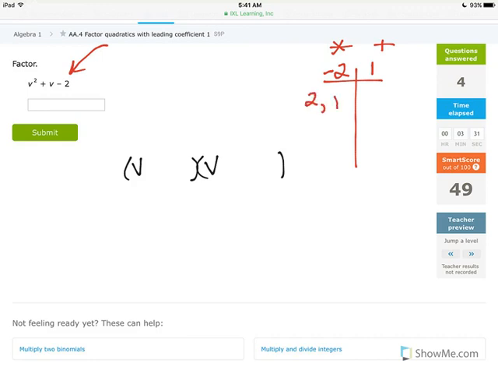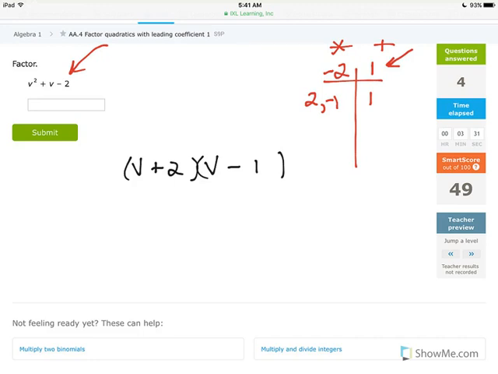And where does the negative sign need to go? We need either a negative 2 or a negative 1 to get negative 2 when you multiply. But we need positive 1 when we add. So we need more positive than we do negative. So we're going to give the negative to the smaller number. So when you add these up, you get positive 1, which is what we're looking for. So the numbers you're looking for are a positive 2 and a negative 1.